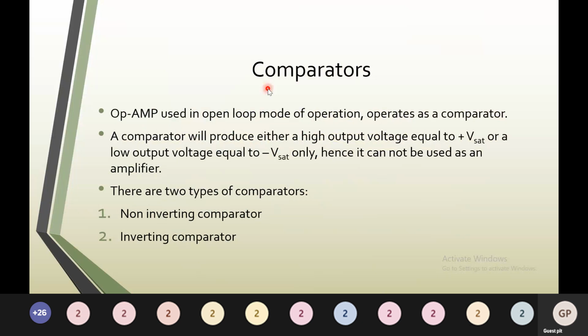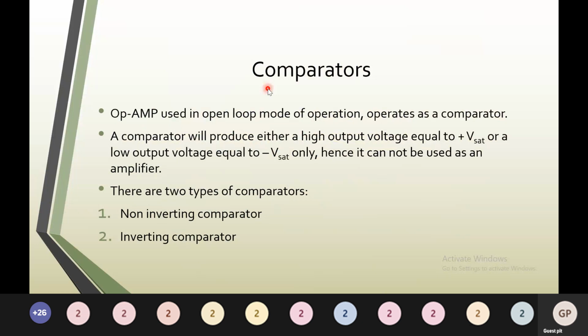Everywhere we had feedback from the output to the input, and we call this closed loop configuration. There are a few applications of op-amp where we use the op-amp in open loop configuration, in the sense that we will not have any feedback from the output to the input. One such is the comparator.